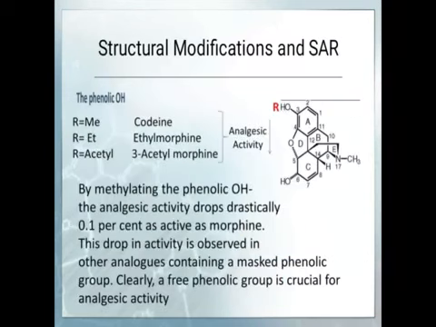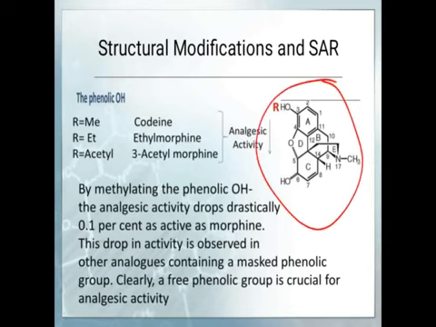The next part is structural modification and the structure activity relationship of morphine. So this is the structure of morphine. This part is generally R. If R is OH, the phenolic OH, it becomes morphine. If this R is a methyl group, that is OCH3, it becomes codeine.